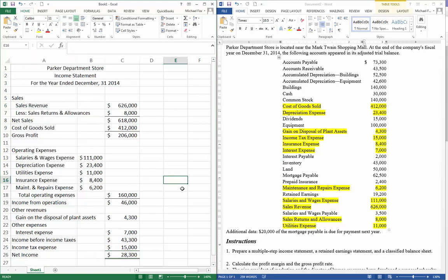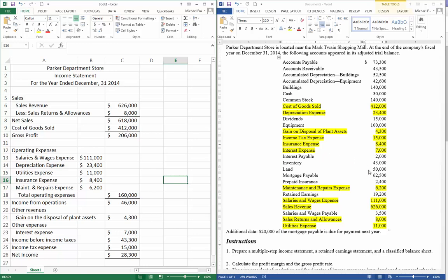All right, so next we're supposed to do a statement of retained earnings. So let me look through my chart of accounts here and see if there are any retained earnings accounts. Remember, the accounts that have to do with retained earnings would be our retained earnings at the beginning of the period.